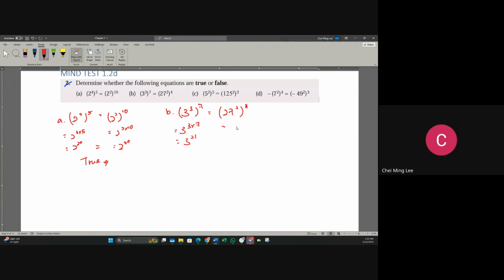For this one is 27, 2 times 4, which is 27 power of 8. So 27 can change into 3 to the power of 3, power of 8, so equals 3 to the power of 3 times 8, which equals 3 to the power of 24. So this is not equal, so it's false.